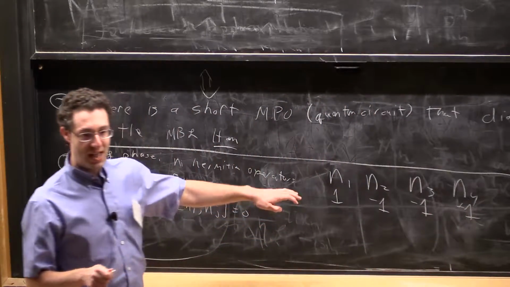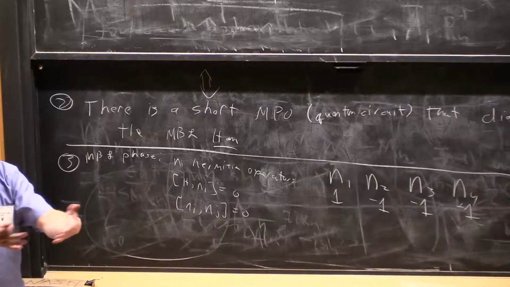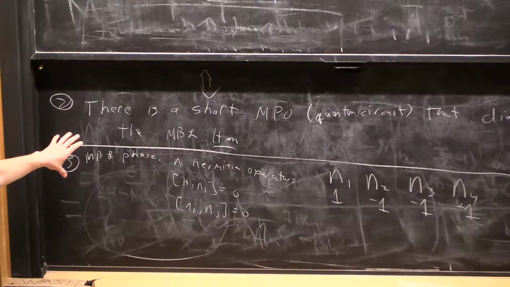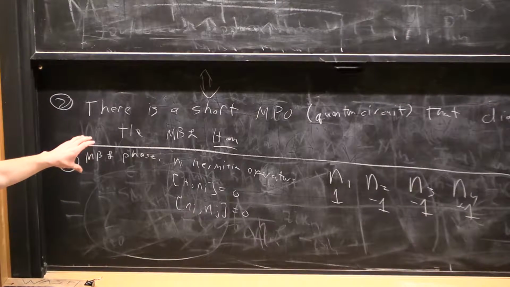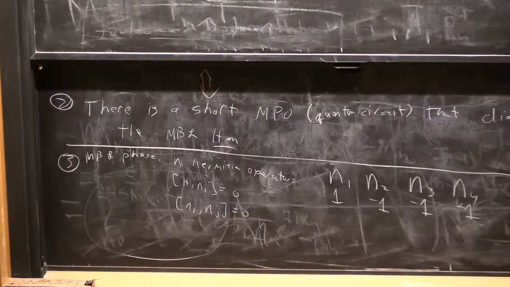And if I specify that, that specifies one of the 2 to the n eigenstates. This is how integrability works, this is why free fermions are integrable, et cetera. These things are typically called L-bits, but this is really a statement that there's a bunch of conserved local quantum numbers in the system.